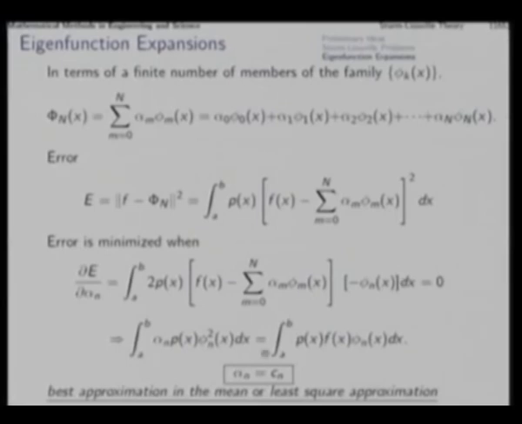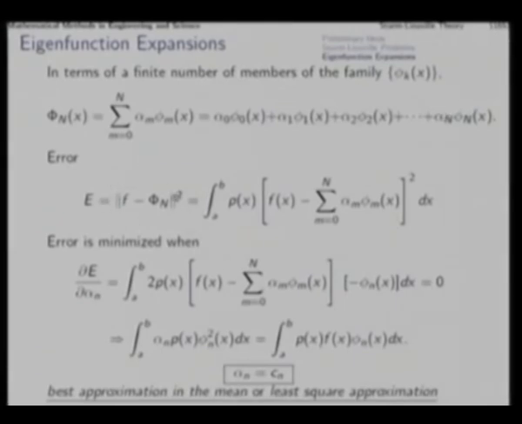That means the previous method of finding the coefficients based on the inner products will give us that particular composition for a finite number of terms in the series, which gives us the least square error.